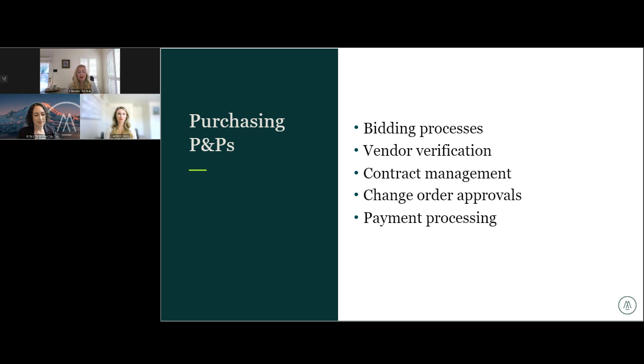Another really big one to look at when you're thinking about purchasing policies and procedures is change order approvals. There's going to be things that happen, and we're going to need to have a change order. And, believe it or not, sometimes there's not solid procedures on what individuals need to do in order to get this change order approved.